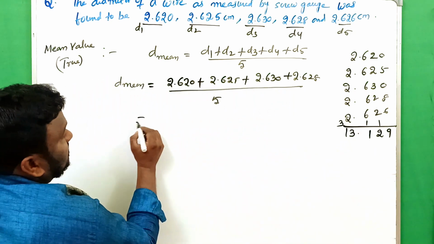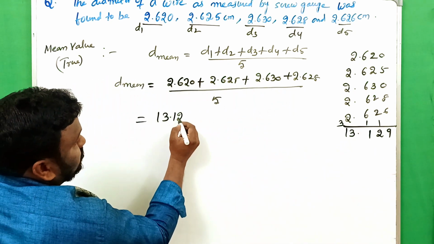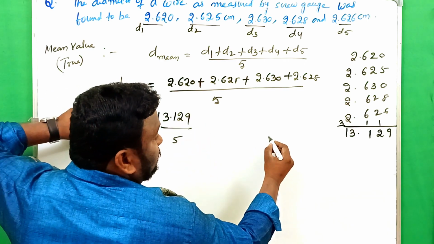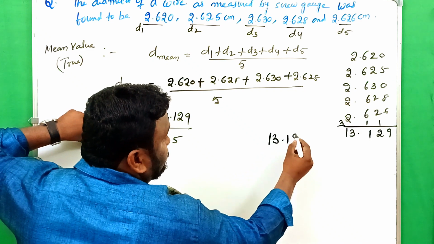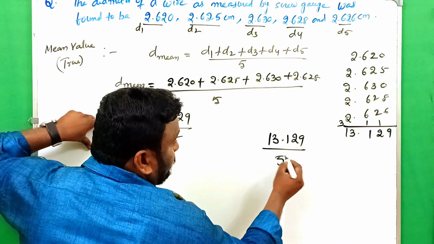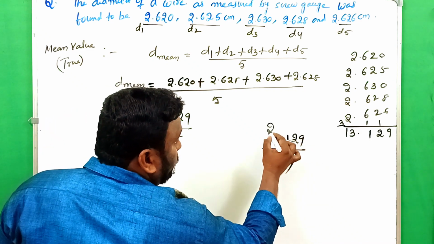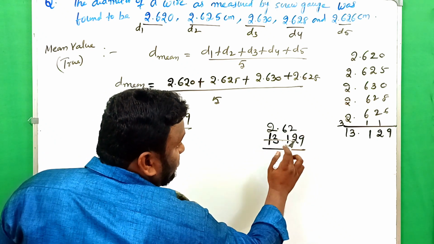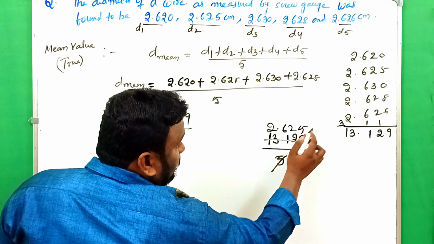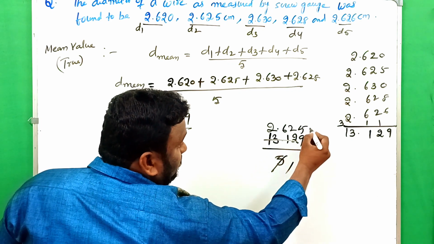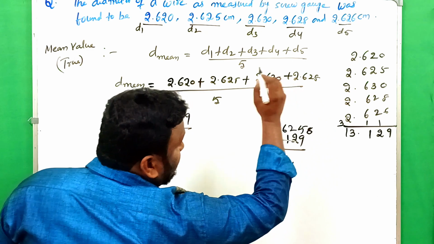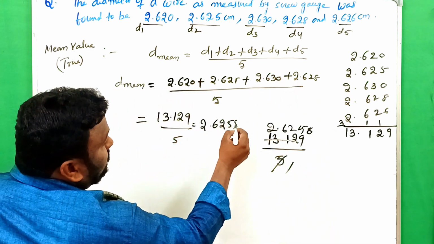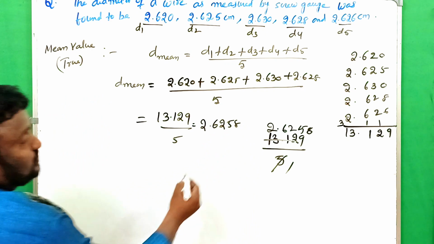So that is 13.129 by 5. Let's see here, 13.129 by 5 gives 2.6258.